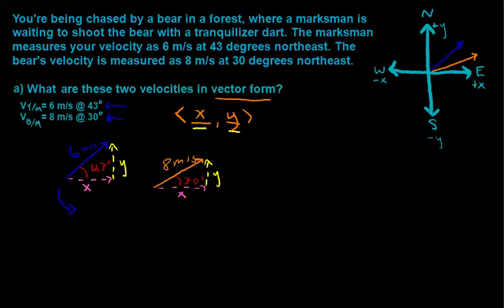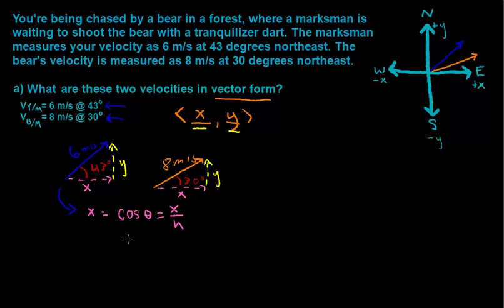If we want to solve for the x component first, we know that if we want the adjacent component and we have the hypotenuse, then the cosine of our angle is equal to the adjacent, which we can replace with x, over our hypotenuse.